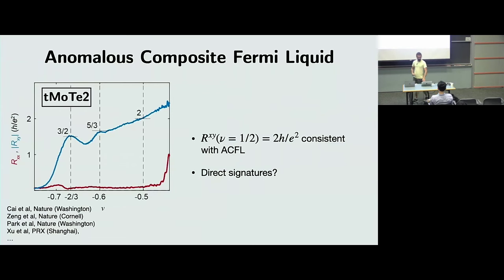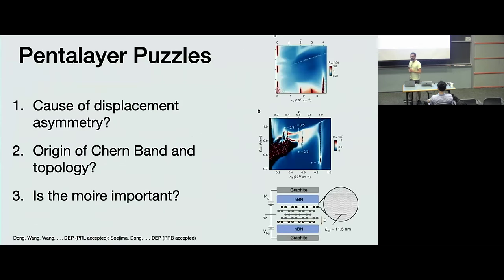The situation in pentalayer graphene is much more puzzling, however. There, just looking at the experiment, there's a couple of things that seem very odd. First of all, the experimental phase diagram is highly asymmetric between displacement field up and displacement field down. And because of that, it's very unclear what the Chern band might be coming from at all.